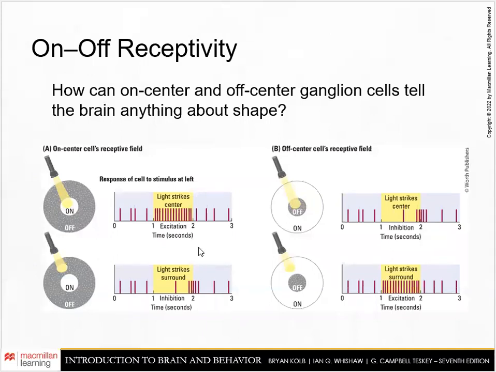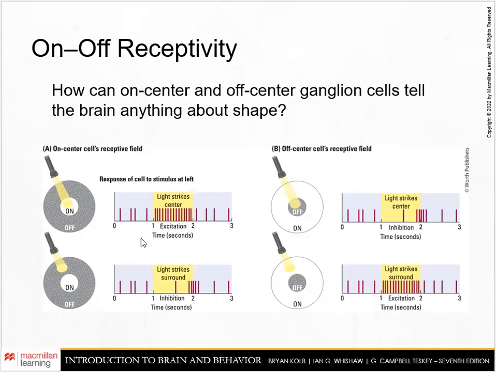So here's a nice little figure that helps to show that a little bit more clearly. This shows how on-center and off-center ganglion cells tell a brain something about shape. So in figure A on the left side, in the receptive field of the RGC with an on-center and off-surround, a spot of light that is shining on the center excites the neuron, which we can see here as the light begins to strike it.